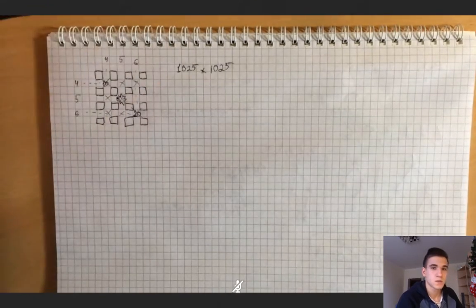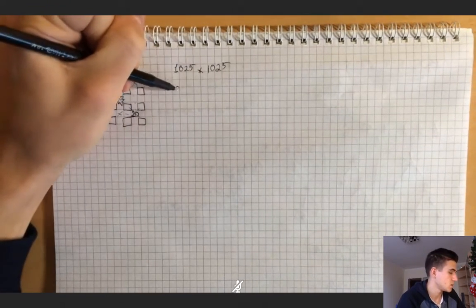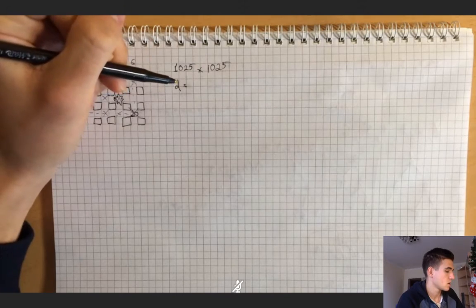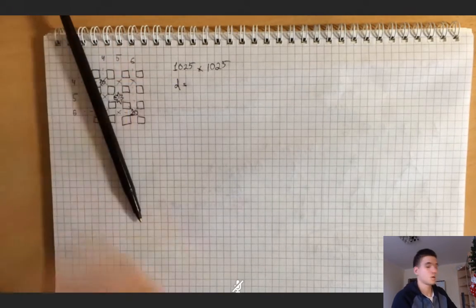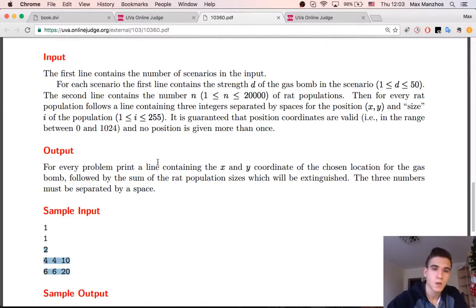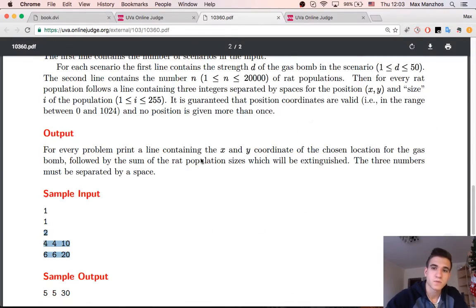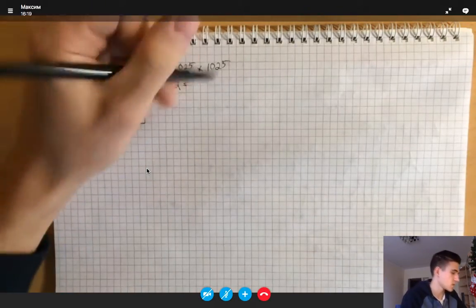And so this is our grid, and D would be, let me clarify this, up to 50.